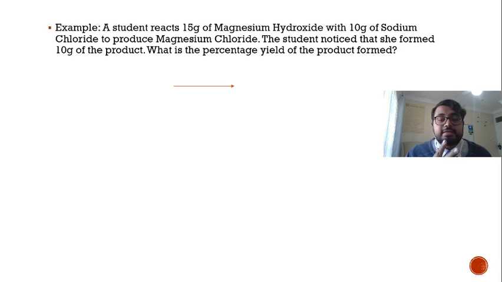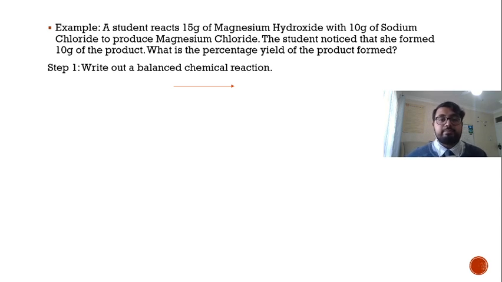And the second thing is we need to know how to write up a balanced chemical equation. So let's look at that. The first thing we do is we'd write a balanced chemical equation, and that would be magnesium hydroxide plus 2NaCl goes to MgCl2 plus 2NaOH.